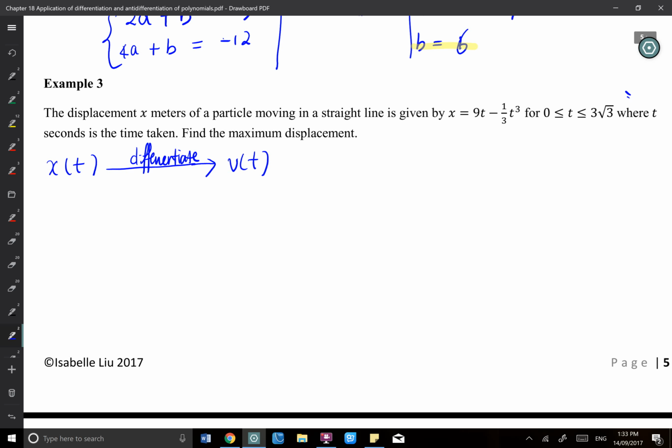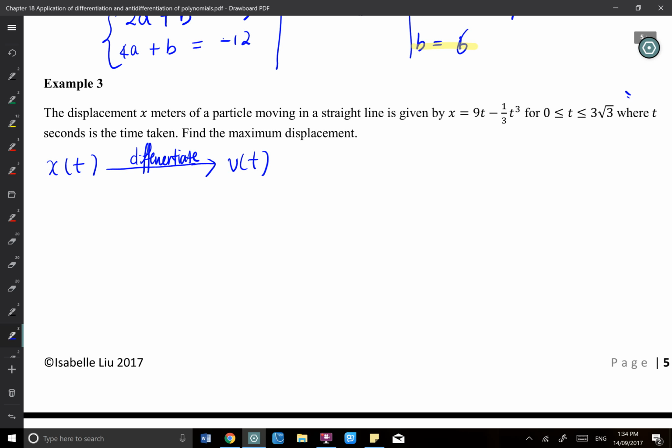So the displacement time graph, its derivative becomes the velocity time graph. That gives you the velocity at every time, anytime. So I can sub in 1, 2, 3. It is also the gradient of the tangent, but its meaning is the velocity and time. Okay, that's all I want to say for the kinematics part. You just need to know that.